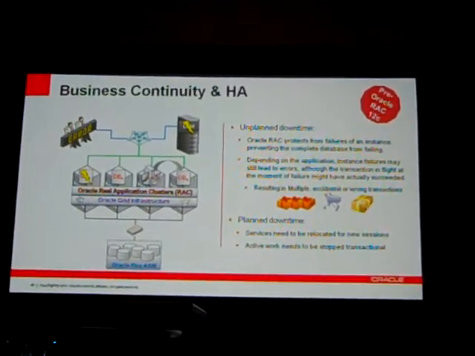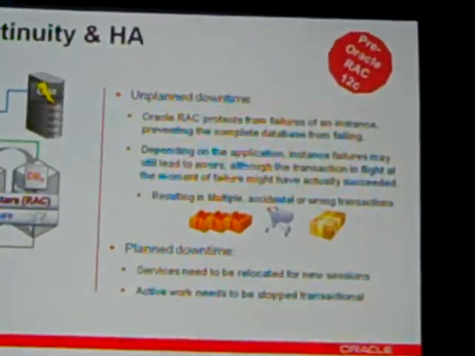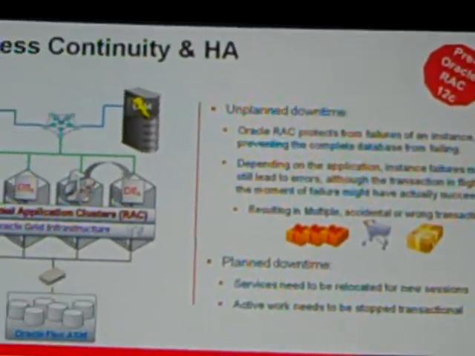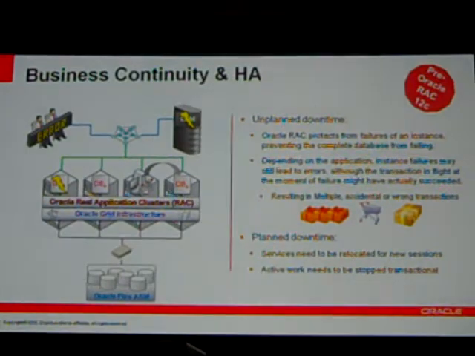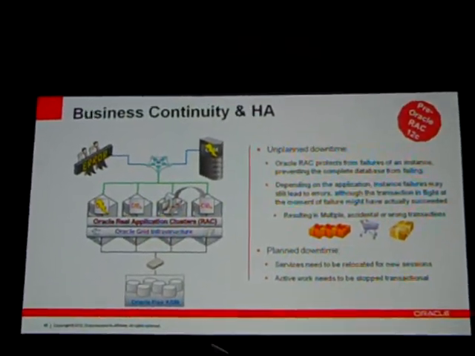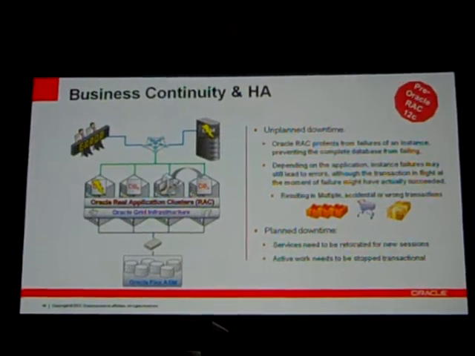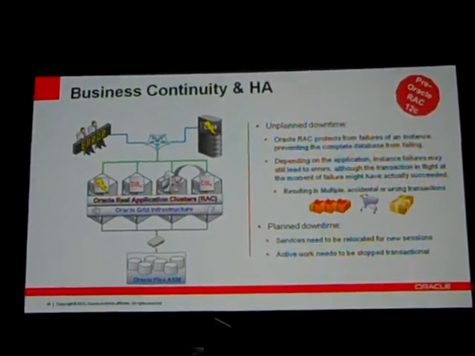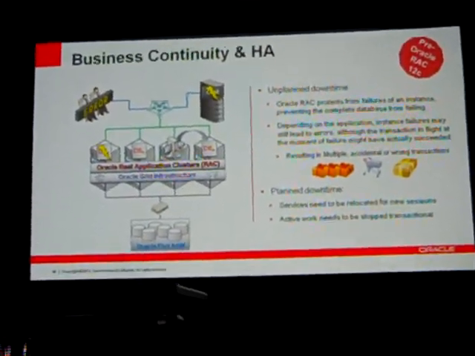Also, if we have a way to protect the application from unplanned downtime, we would have solved the problem for planned downtime too, because what we received as feedback from our customers was, RAC is great for planned downtime, however, there's still a lot of preparation that you need to do, right? You need to throttle down your transactions, you need to make sure that services are relocated so new transactions won't come in.